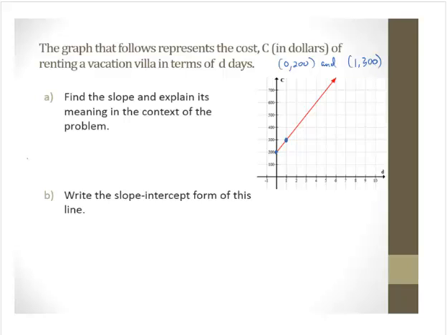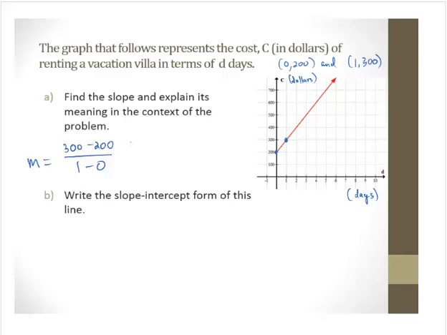Now, finding the slope, m would equal 300 minus 200 over 1 minus 0. Now, what were the units on these numbers? Let's see. The cost in dollars, so the y values, these are dollars. D, the x values, the horizontal values, are days.